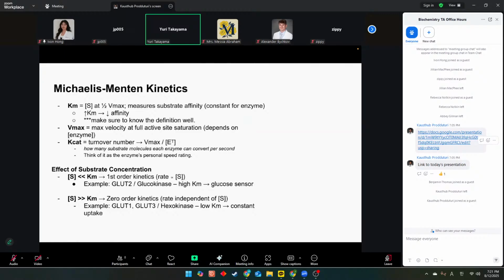A high Km means low affinity. Vmax is the fastest the enzyme can go, depending on how much enzyme is present. And Kcat tells us how many substrate molecules each enzyme can convert per second. So think of it like the enzyme's personal speed rating.